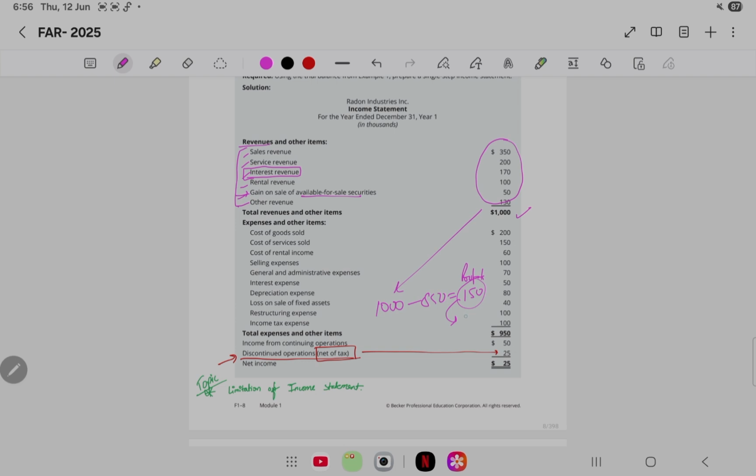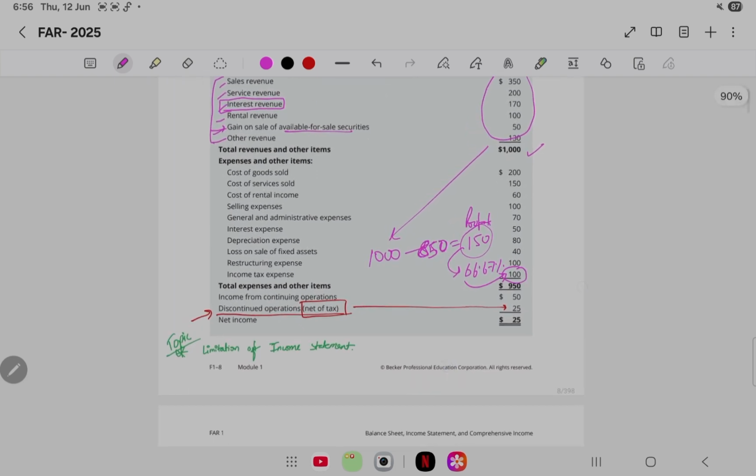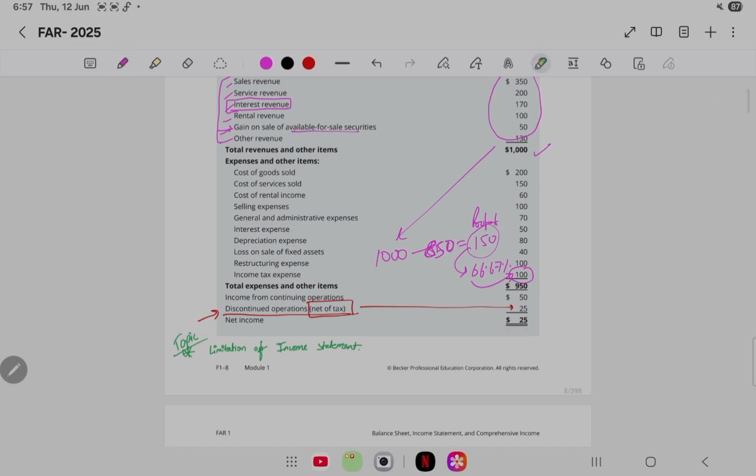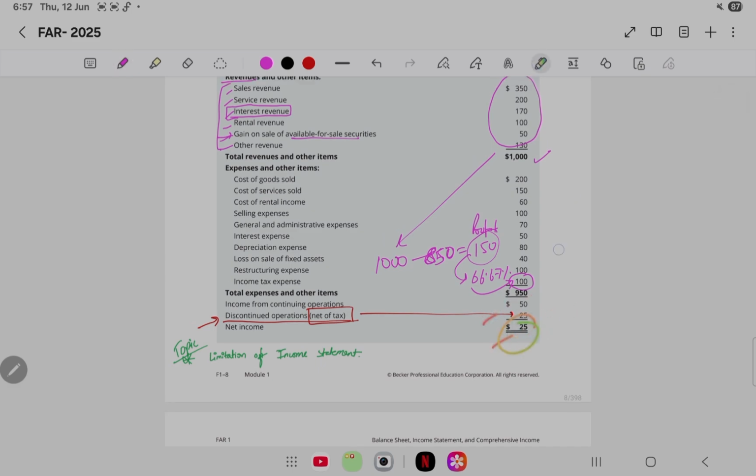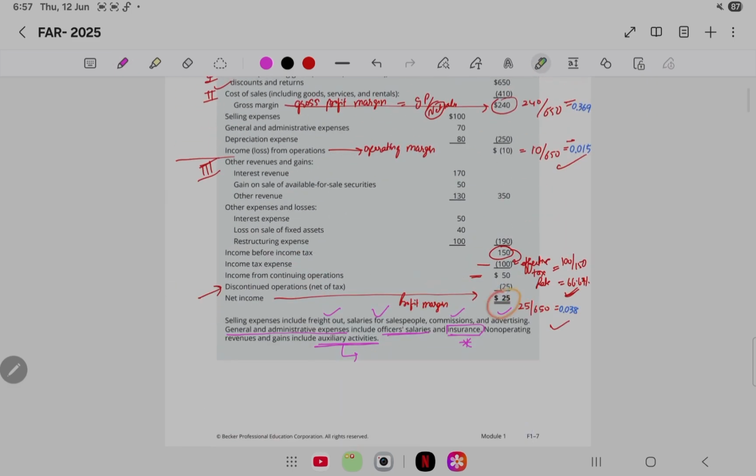What was the effective tax rate? That is 66.67%, which will come out as 100. We will use that. We will calculate the income tax accordingly on the basis of the effective tax rate. Now this is already given. The same answer we have received in both the models.